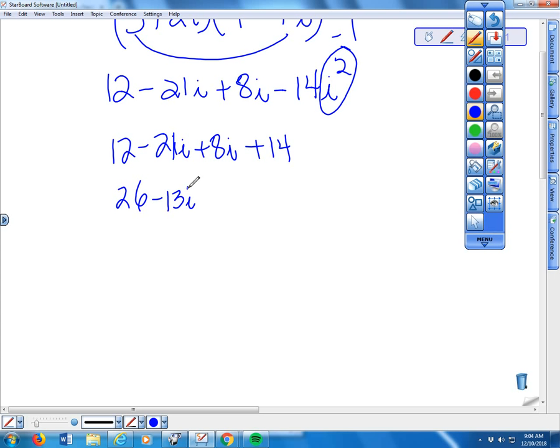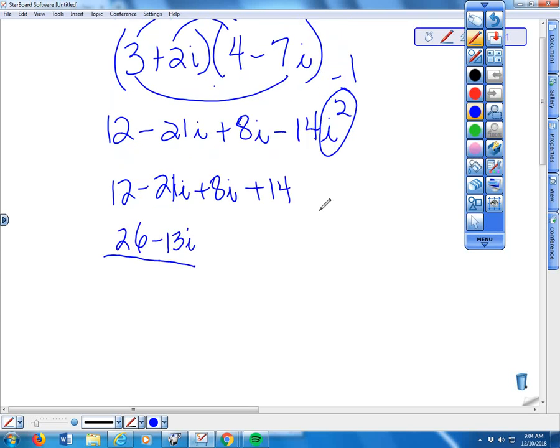Is that right? -13. Okay, so this is the complex number that results from multiplying these two complex numbers together. You'll always have it in complex form. You'll never have an i squared in your answer. So make sure that when you see i squared, you make it -1, which just basically changes the sign of that number.